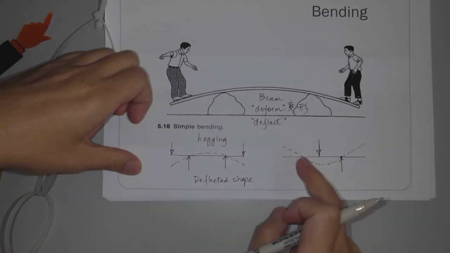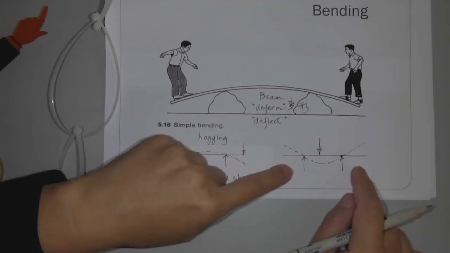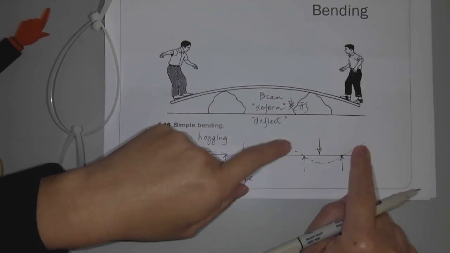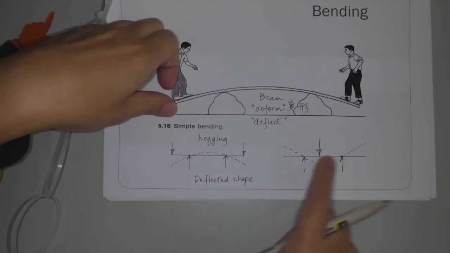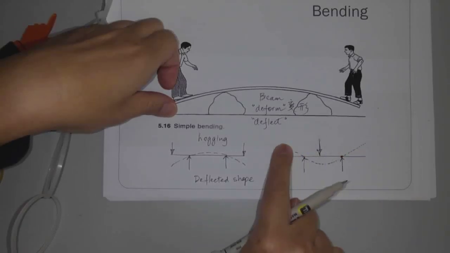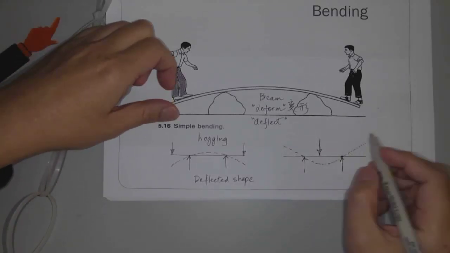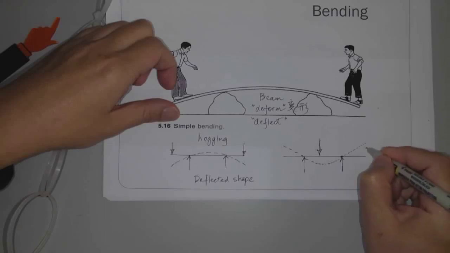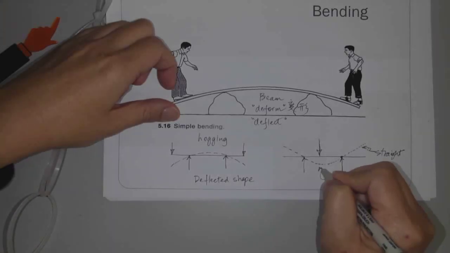So the thing bends downward, and the 2 wings go up. Right? And those 2 parts are actually straight. The center part is a curve. That part is straight. So that part is straight. But the center part is curved.